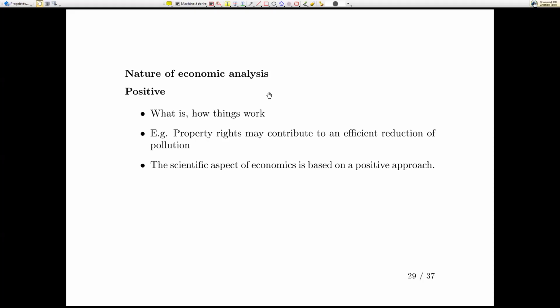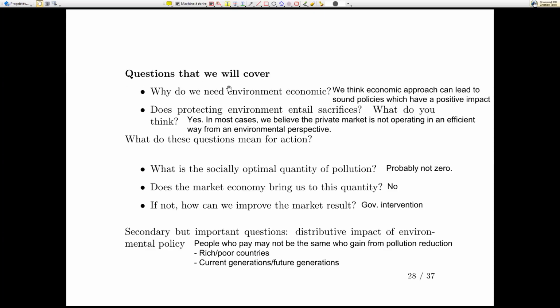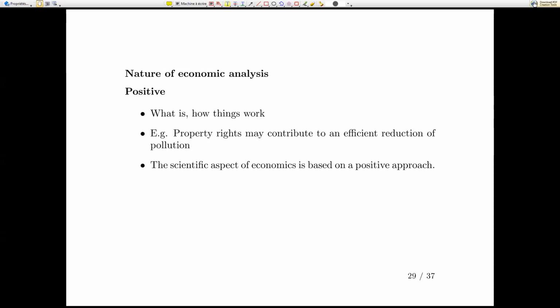Okay, so nature of economic analysis. Just to tell you where we were, we were discussing environment and stuff like that, right? So that's what we were discussing.